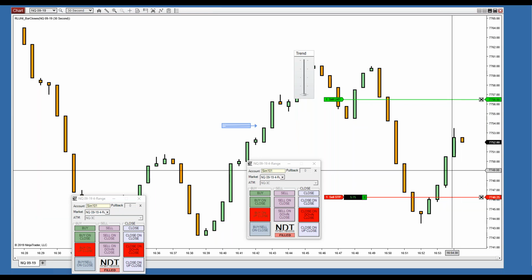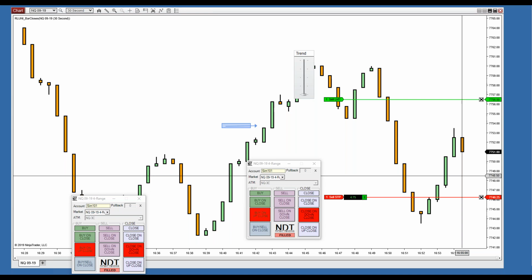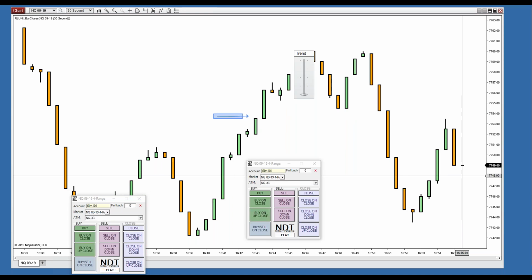Now, there's no down close here. This is still an up close. The first candle that closes on a down close, we're going to be out of the trade. Out.